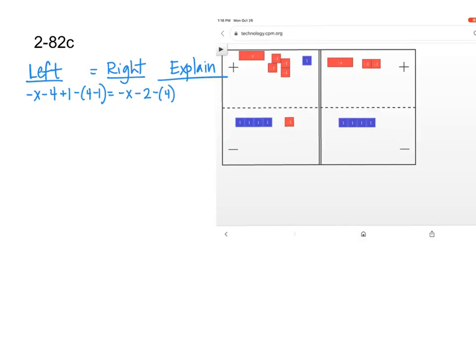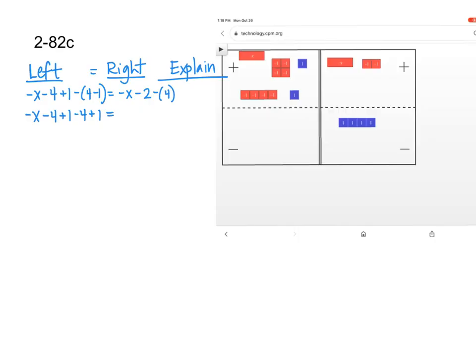Now let's simplify our equation. The first step that I like to take is flipping the tiles from the negative region to the positive region, and then changing the sign on the tile as I do that. On the left-hand side of the equation, I now have negative x minus 4 plus 1 minus 4 plus 1.